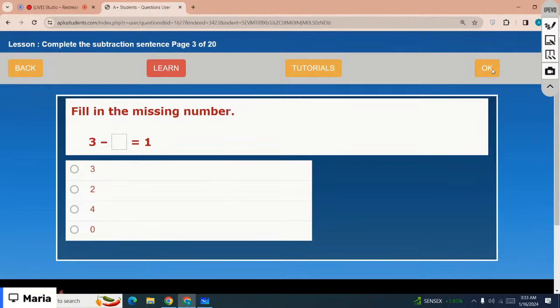Yes, that is 3 take away 2 equals 1. Very good.